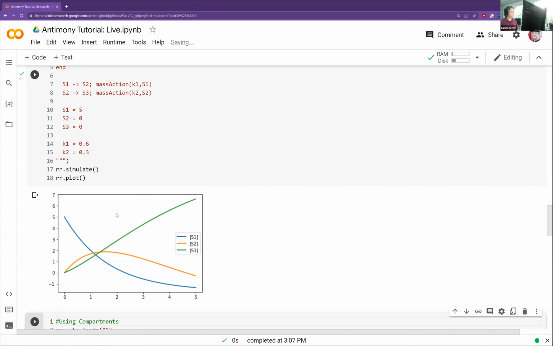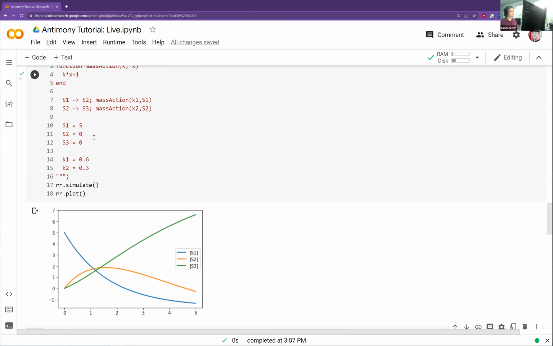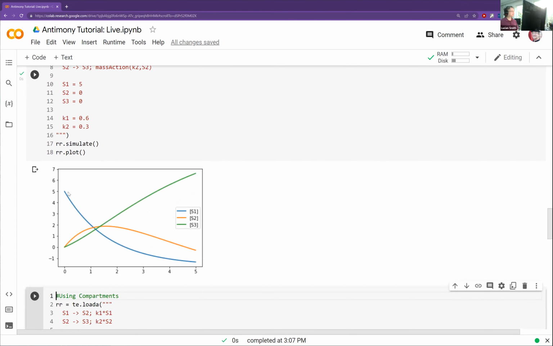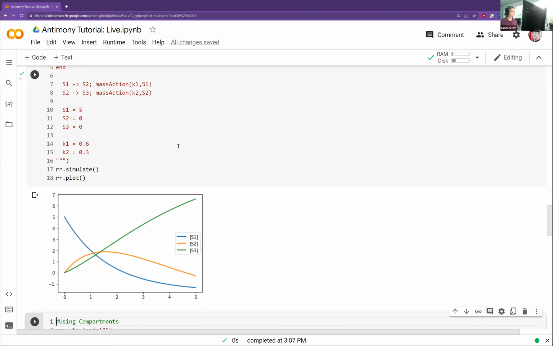All right. So now, if we don't have true mass action, but instead have mass action +1, so like some things just happen, now S1 is actually going negative over time, and in response, S3 is going up above 5. So we're trading imaginary S1 for real S3.